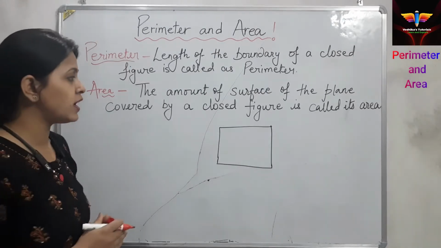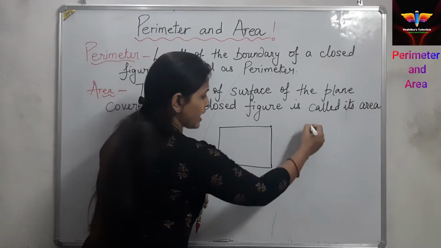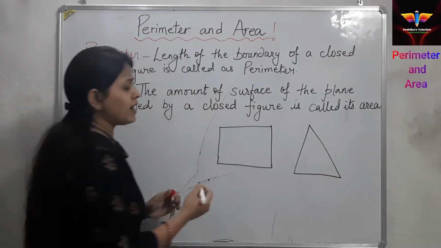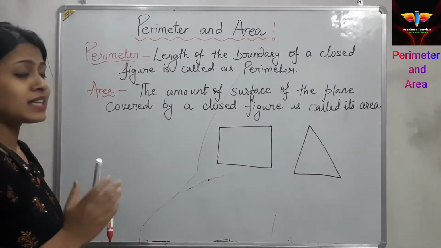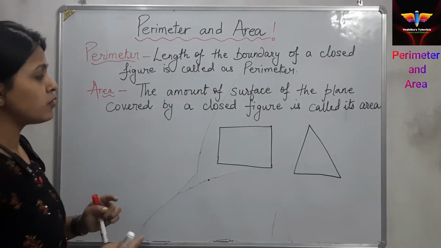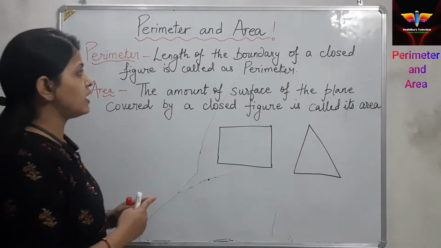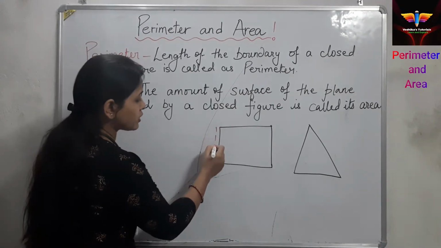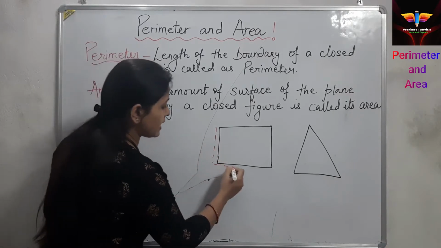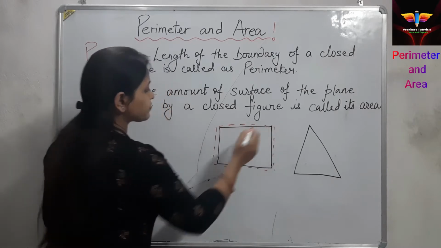It is a closed figure. We can take any figure, like a triangle or a rectangle or a square, but it should be a closed figure. Suppose that both of these figures are closed figures. So the length of its boundary, these are the lengths of the boundary.